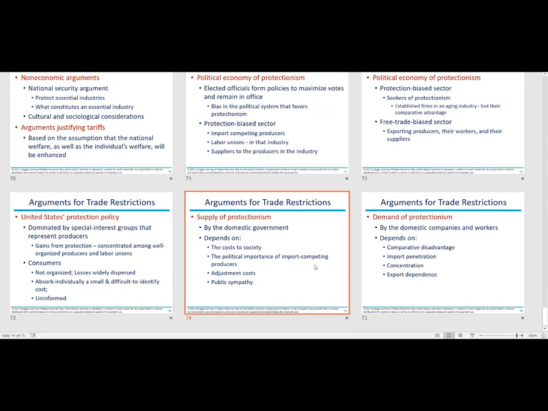At the end, Carbaugh summarizes that the supply of protectionism depends on the cost to society, the political importance of the import-competing producers, the adjustment costs, and the public sympathy. And the demand for protectionism depends on the comparative disadvantage, the import penetration, the concentration of that production, and export dependence.